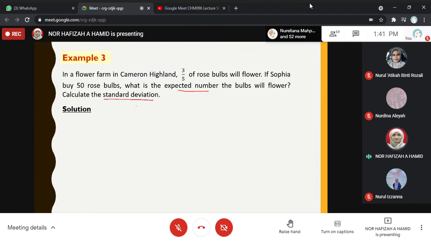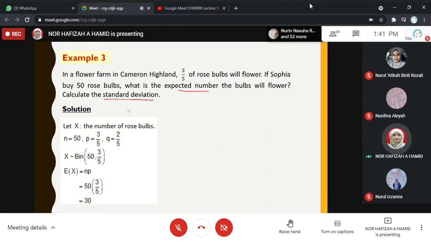Okay, so macam biasa you kena state what is the X. Okay, so you punya X tu is refer to the number of rows. Okay, so you punya n is 50. So P is equal to 3/5.